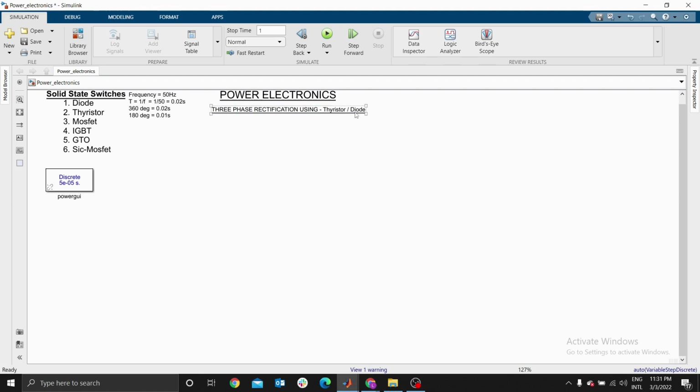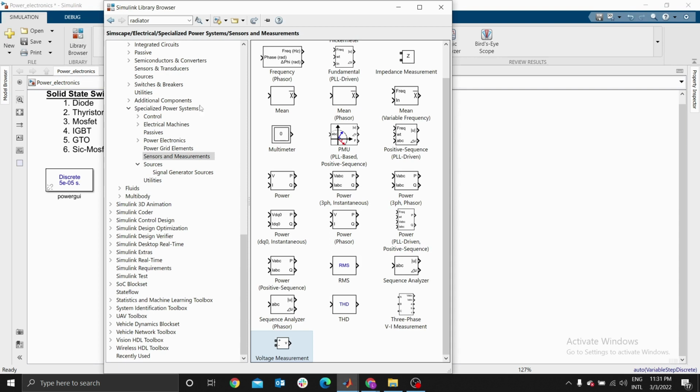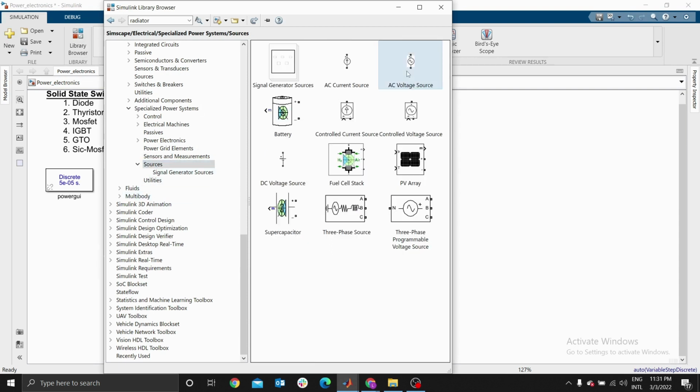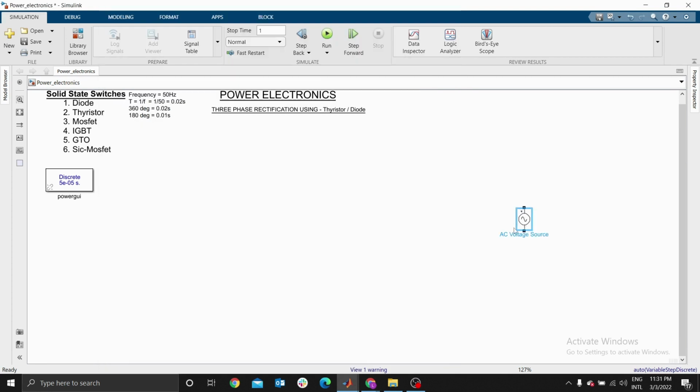Let me start with a diode. Therefore, we need to model the circuit that represents three phase. If we go back to the library, for the source you select a voltage source, you rotate it, and you can copy it because we need three of them.